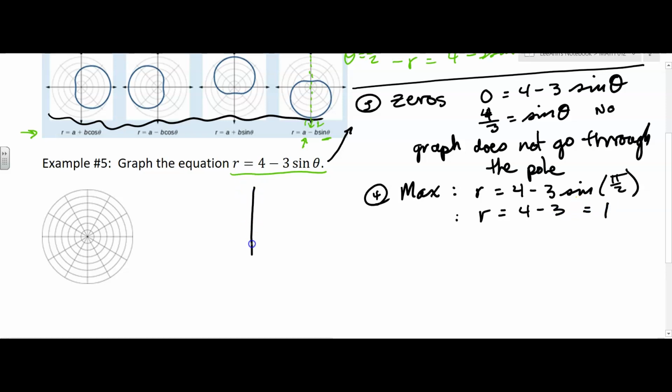Now I want to make a table of values here. So r and theta, when I have r being 1, that occurs at pi over 2. And then I can graph that point. Now, to find other points, I could do other special angles.